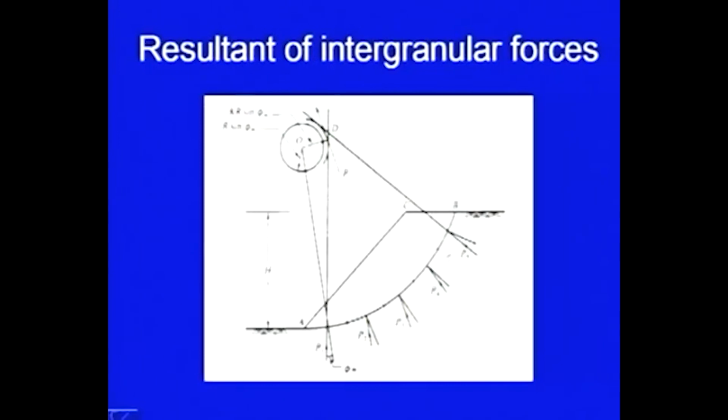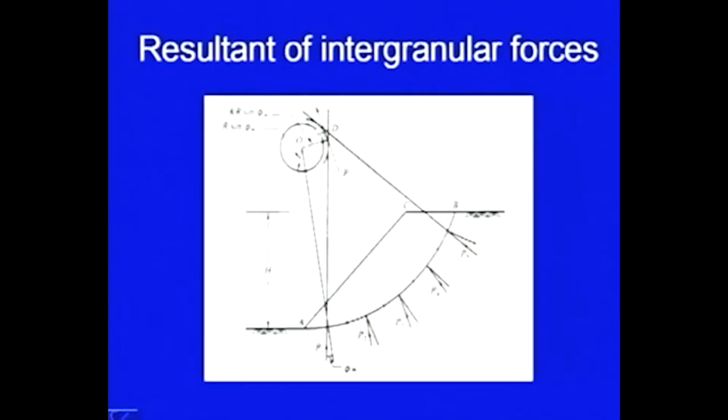Then, if we take the resultant of all the intergranular forces, it is found that this resultant will not pass through the friction circle which we had drawn, but a little bit away. So this bigger circle we can call the modified friction circle.